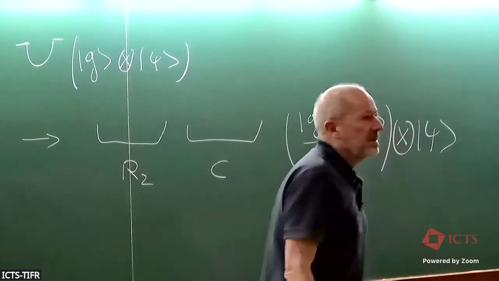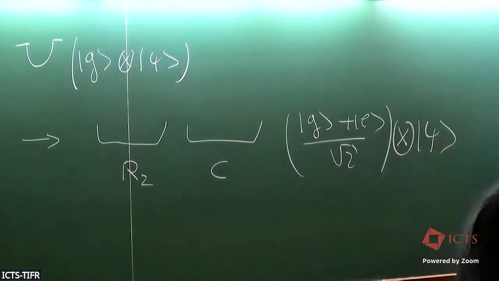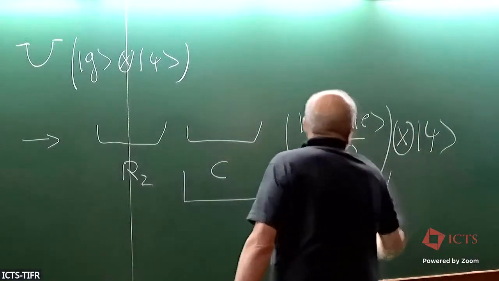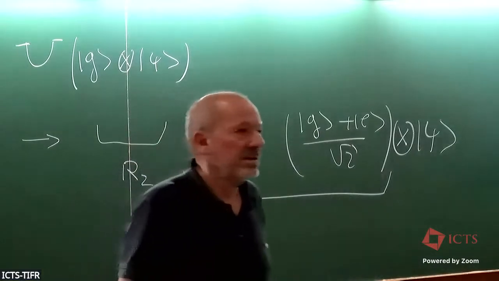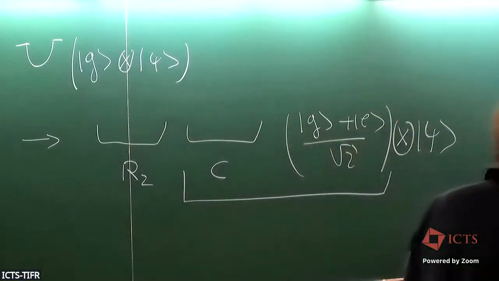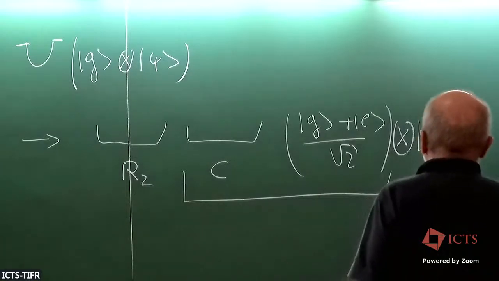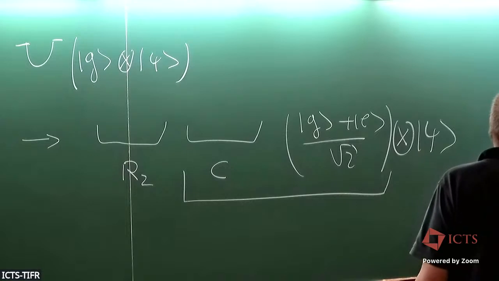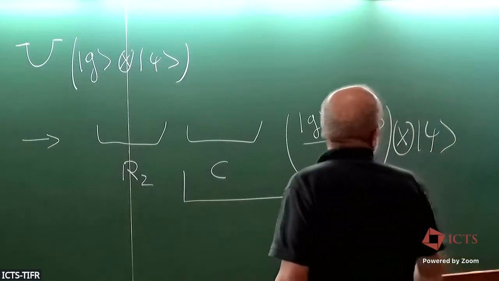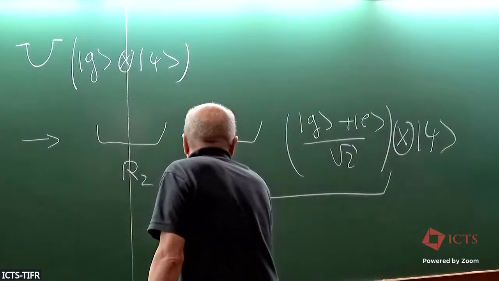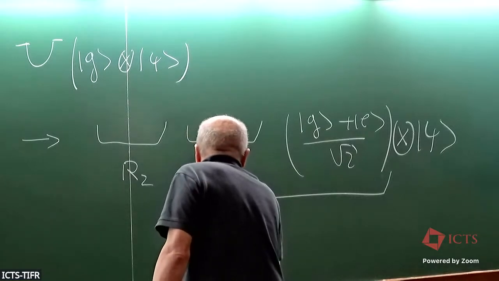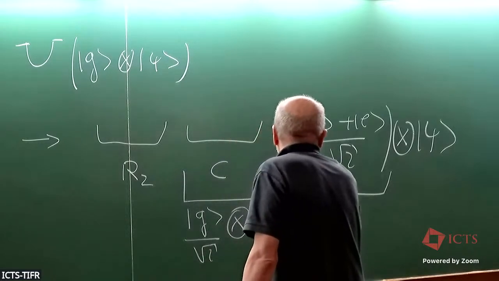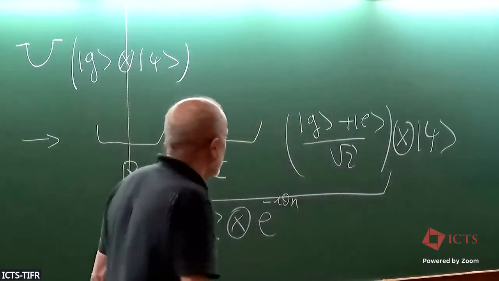So the system is still separable, of course. And then it is through this thing that you get some entanglement. Just after the passage into the cavity, if you are in G, you apply exponential of minus i theta n, so it is G over the square root of 2, tensor product with exponential of minus i theta n, and I apply this on psi.